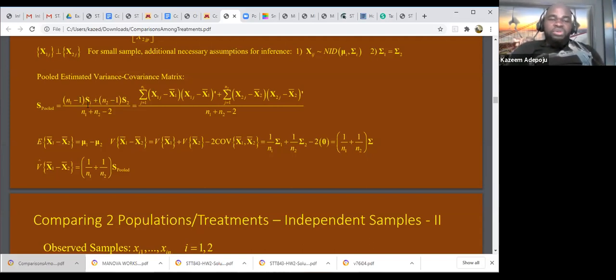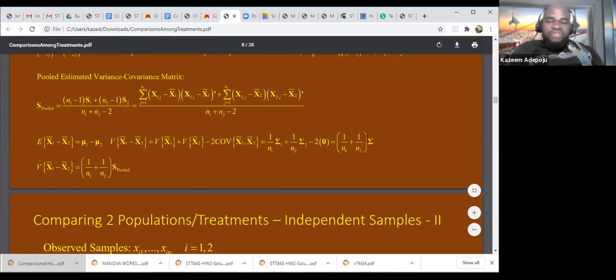So what I have here is what we use in the univariate setting. If I want to extend that to multivariate, this is what I'm actually going to have, this formula right here. You don't need to care about what I'm doing right here. What you need to care about is the final formula.